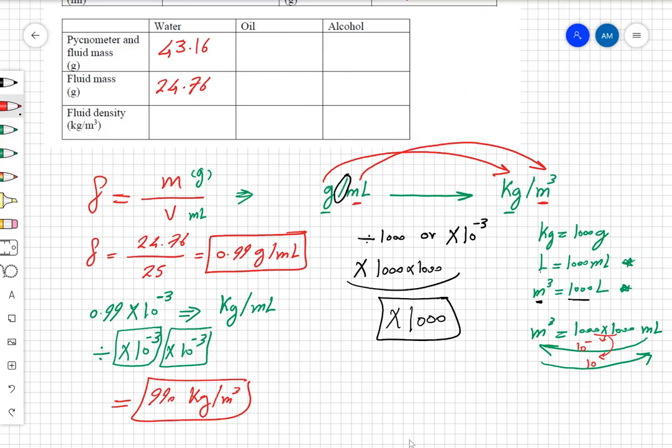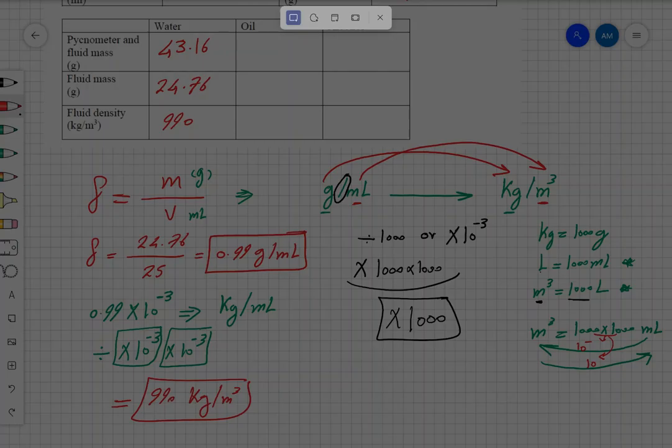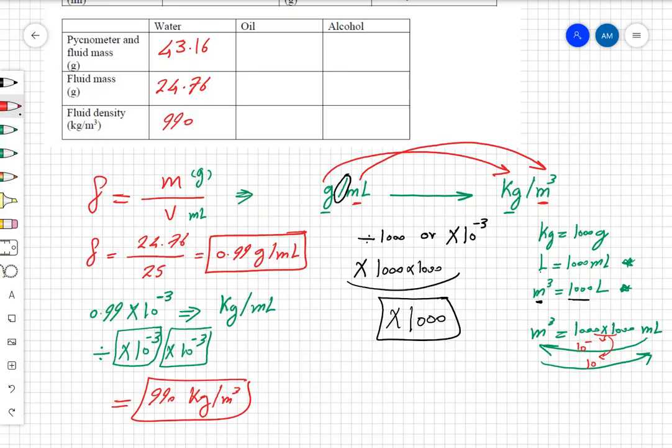So this is the idea behind converting units to answer the right questions, and the answer of the fluid density will be 990 kilograms per meter cube. So any questions? As I said, I won't go through this conversion process again, so try to do it very accurately and many times so you can handle that the next times.